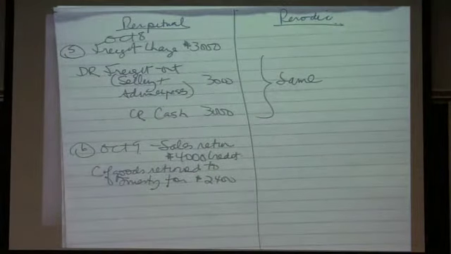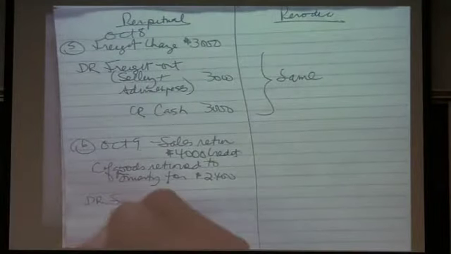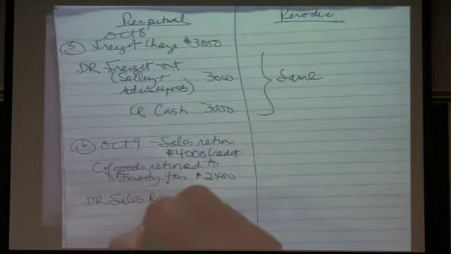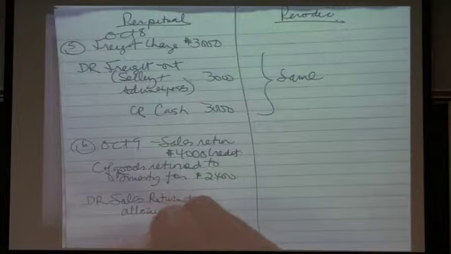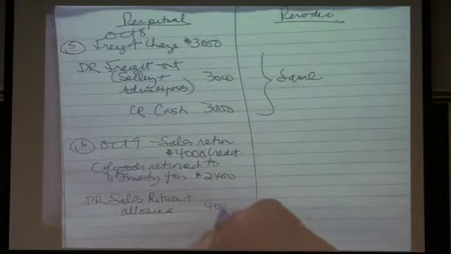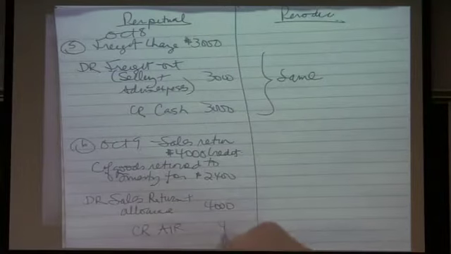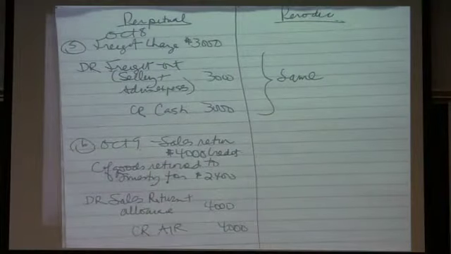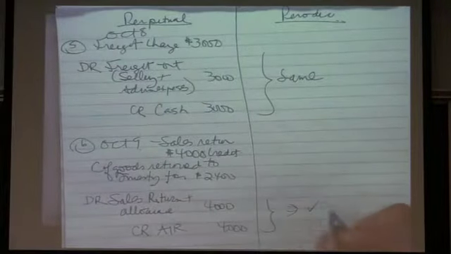So on October the 9th, we need to record the sales returns and allowance. So we're going to debit sales returns and allowance $4,000. Credit accounts receivable because it's no longer collectible.